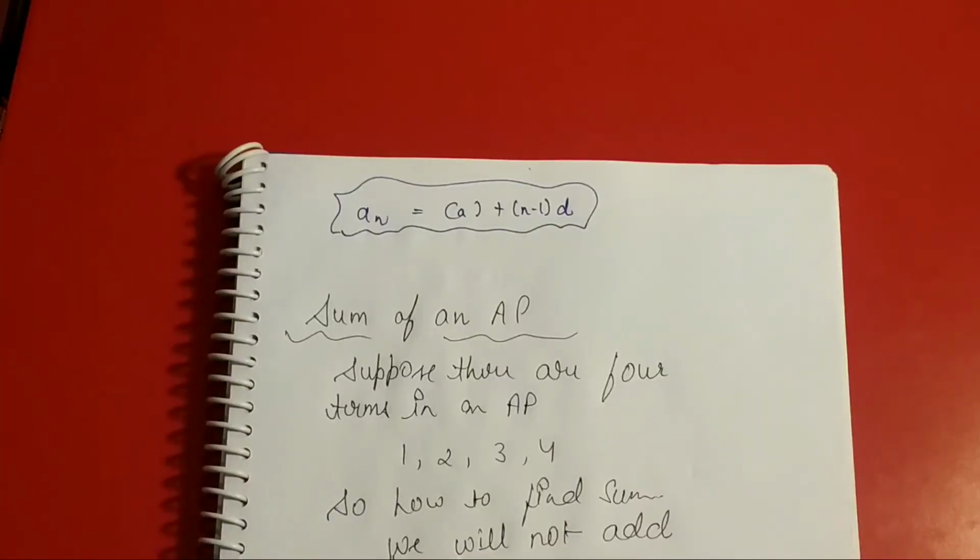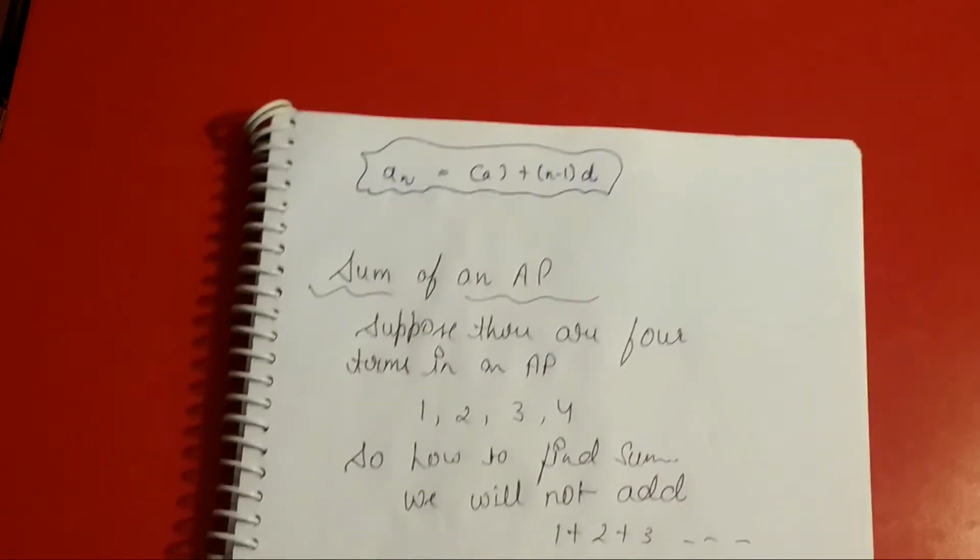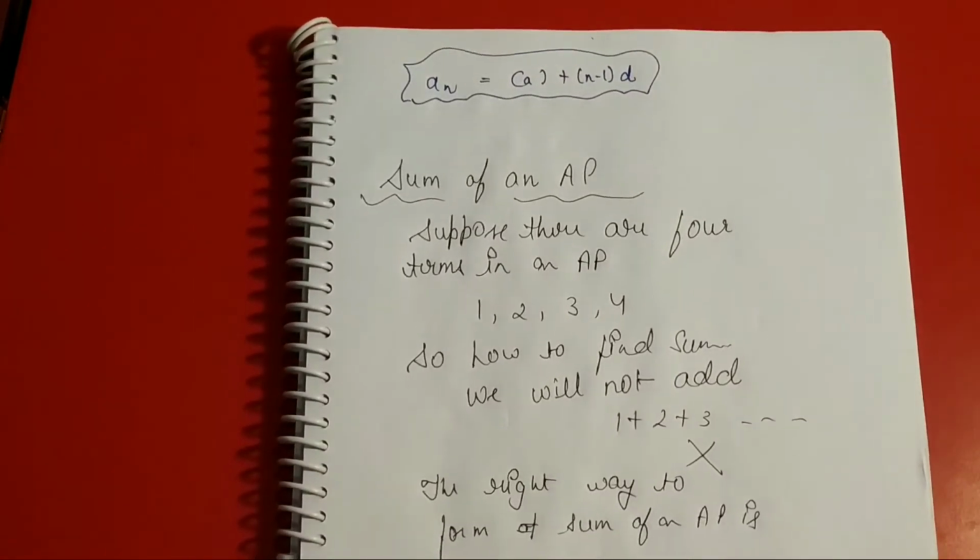So to find the an term of an AP, this is the formula. Now there is one more topic in this chapter, which is how to find the sum of an AP.